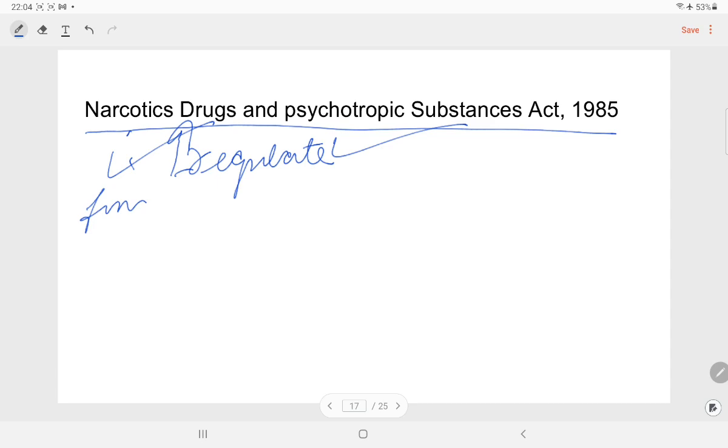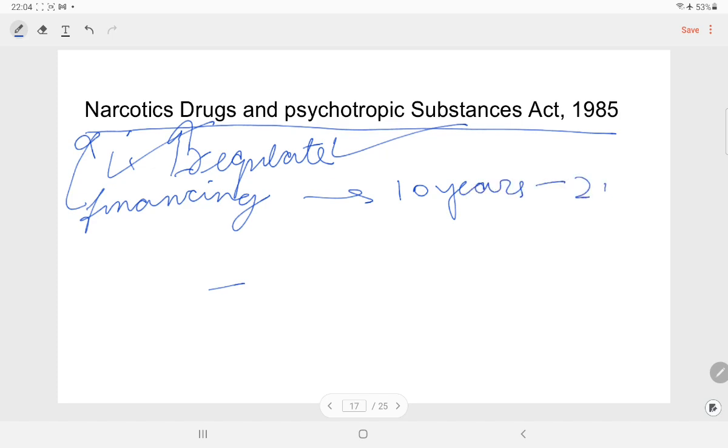The person found guilty can be imprisoned for at least 10 years, extendable to 20 years, and fined rupees 1 lakh. It also provides for forfeiture of property. Your property could be seized if you are booked under this act.